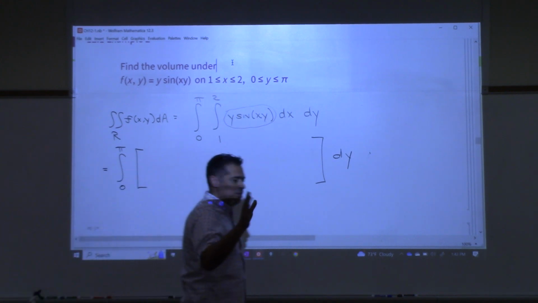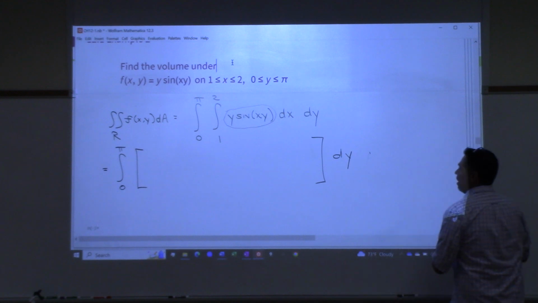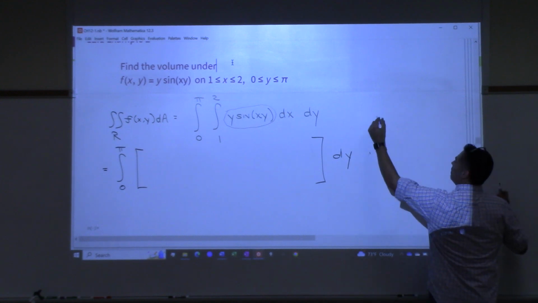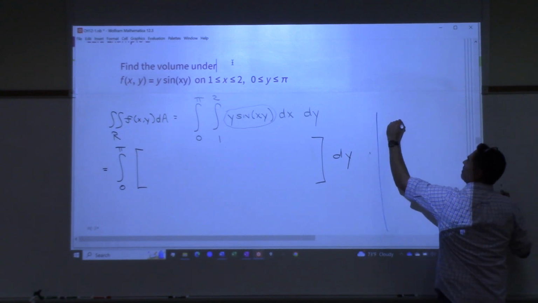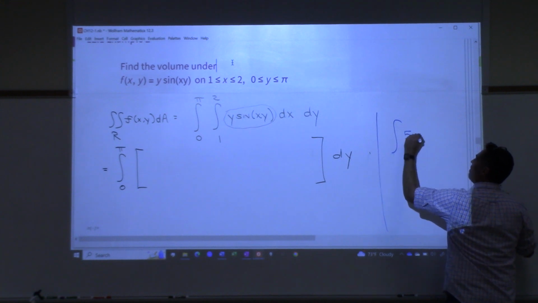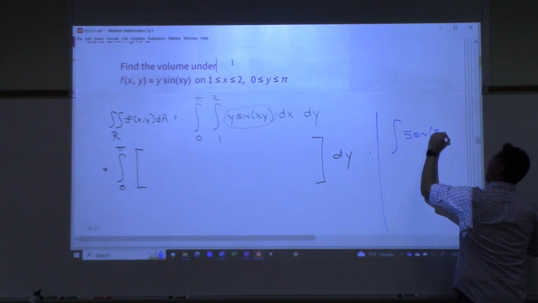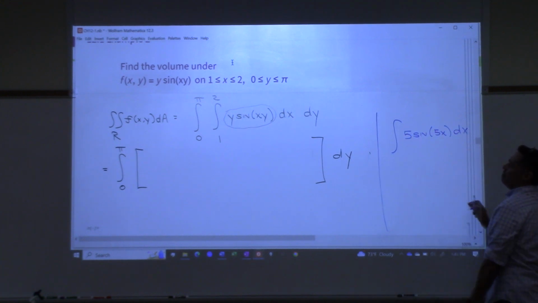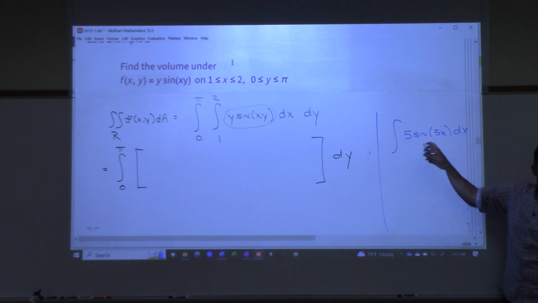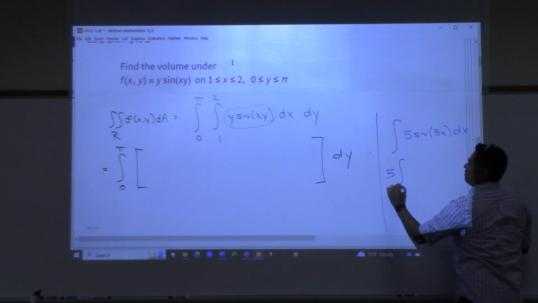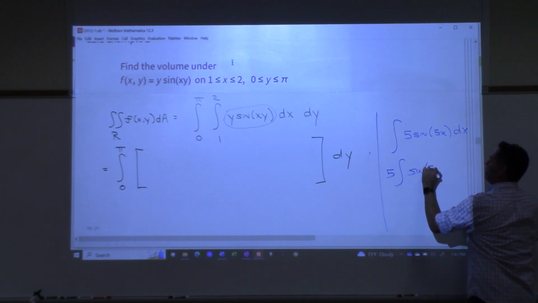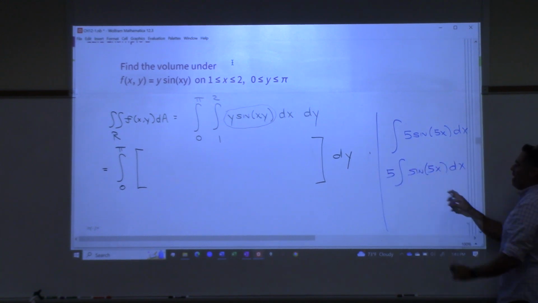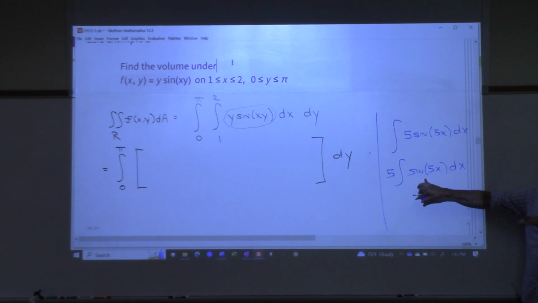If it helps you, which I think for some of you is confusing rather than helping, this would be like me asking you to do 5 sine 5x dx. The y is like a constant. If I asked you to find the antiderivative of this, you would pull that first 5 out the front, and then the antiderivative you could do with pretty basic u substitution.